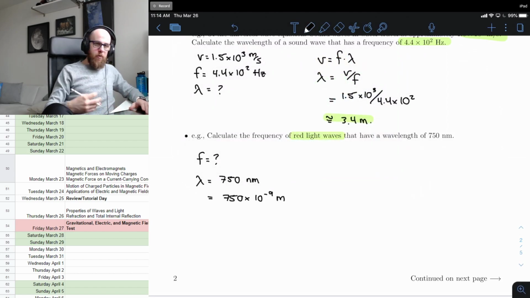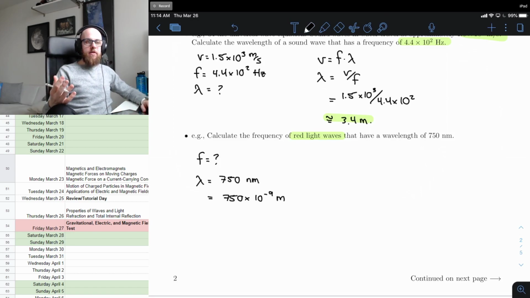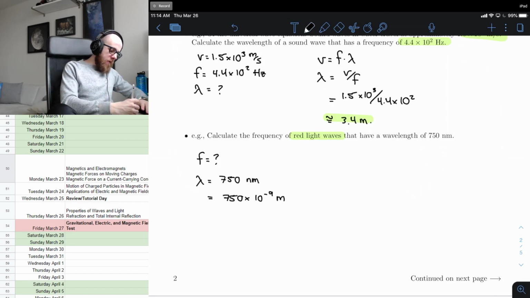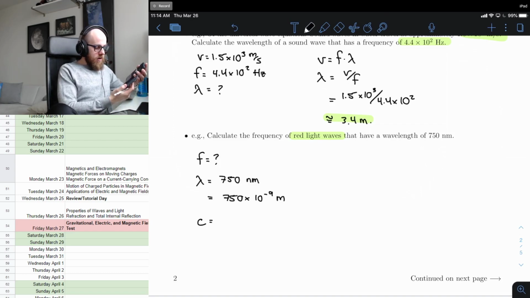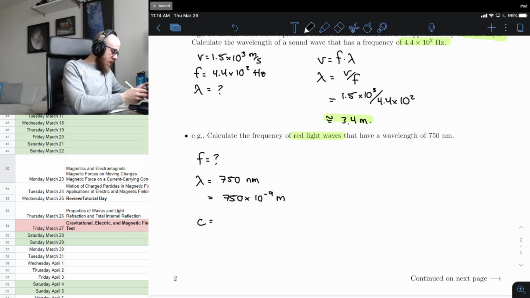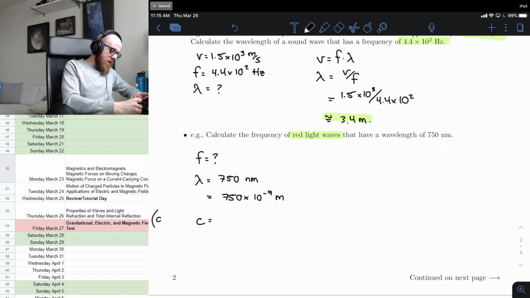Okay, so red light waves travel at the speed of light, right? So the speed of light is a constant value. Is it on this calculator? I'll check it out in a second. I think it is constant 28. Yeah. So Jenna, on our calculator, it's constant 28.